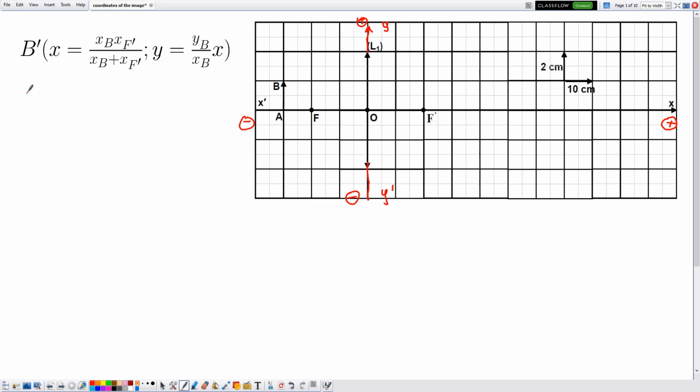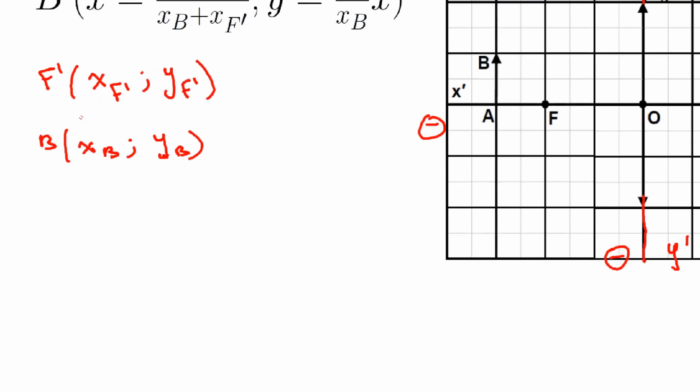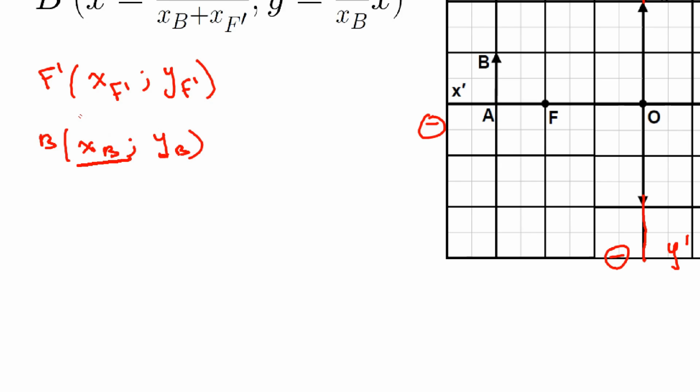So the point F prime is given by xF prime and yF prime, and the point B is given by xB and yB. So recall in math that the first one corresponds to the x and the second one corresponds to the y.